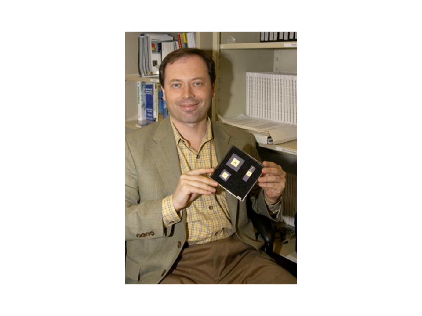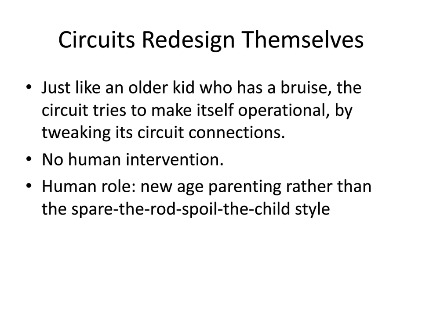But anyway, he always read science fiction, and his dream was to come work at the Jet Propulsion Laboratory. His idea is to use genetic algorithms to have self-repair on circuits. Just like an older kid who has a bruise, the circuit tries to make itself operational by tweaking its own circuit connections. You can do this with field programmable gate arrays, for example.